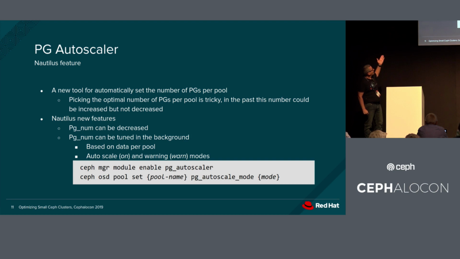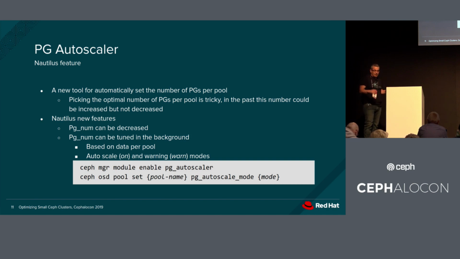So we have the Autoscaler that can give you the recommended number of PGs per pool. We also have a new feature in Nautilus: we can decrease the number of PGs.